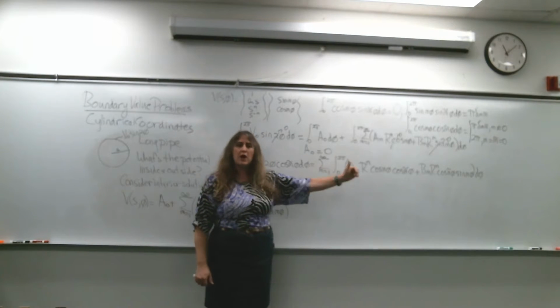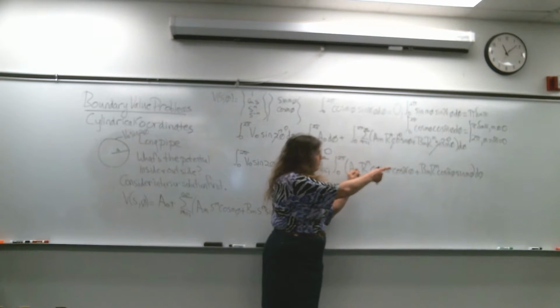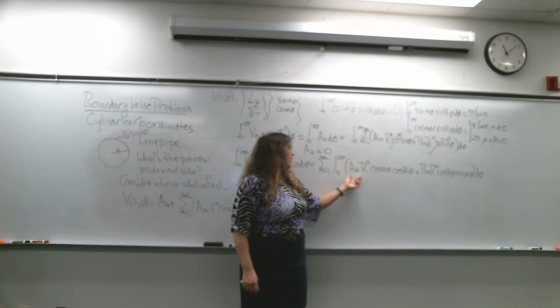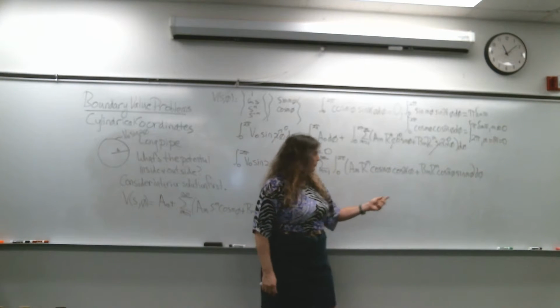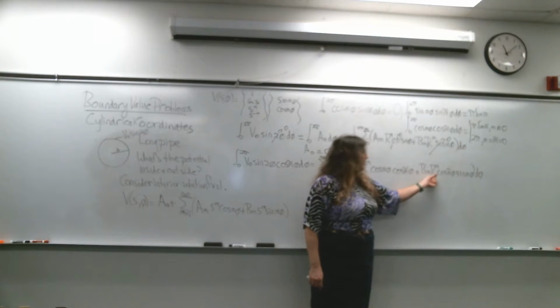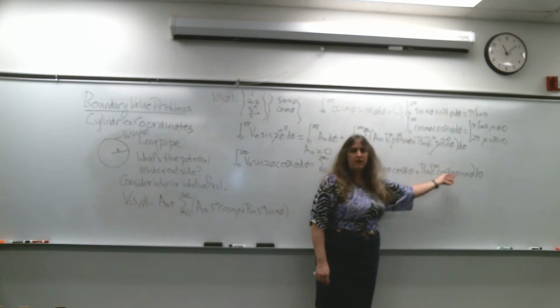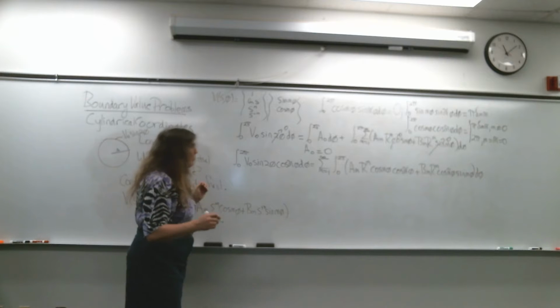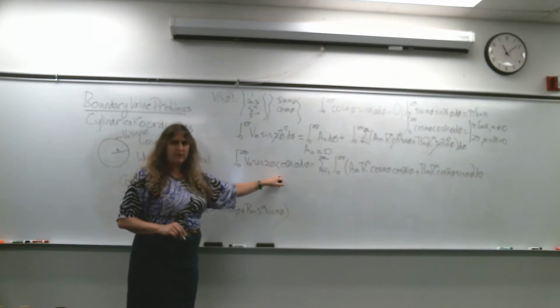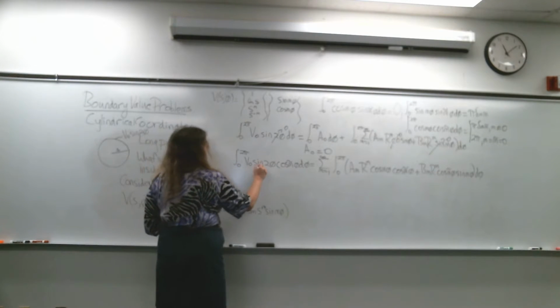Integral from 0 to 2 pi. These two terms in parentheses, we have an r to the m cosine m phi, cosine m tilde phi, and we have an r to the m sine m phi, cosine m tilde phi. Okay, so making use of orthogonality relations, this term on the left-hand side vanishes.